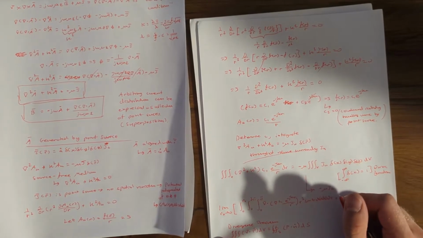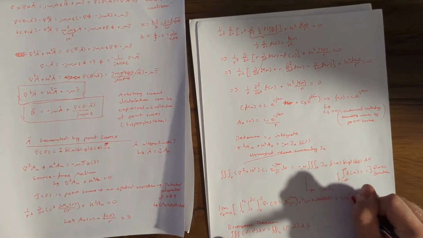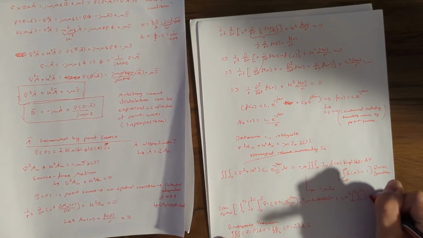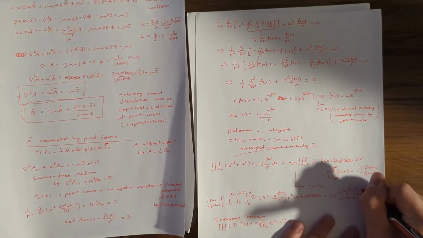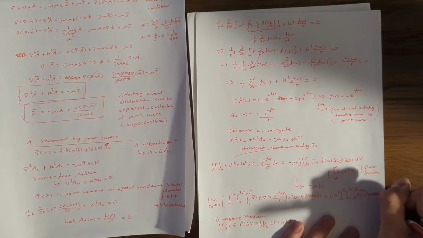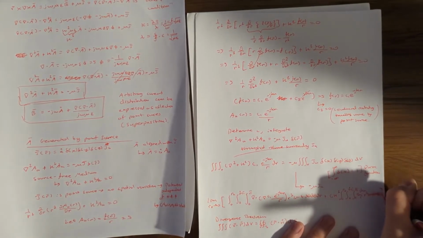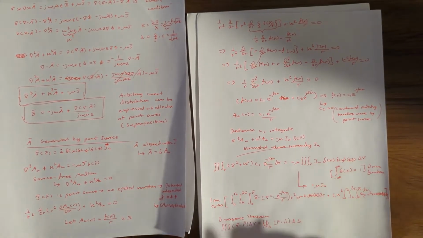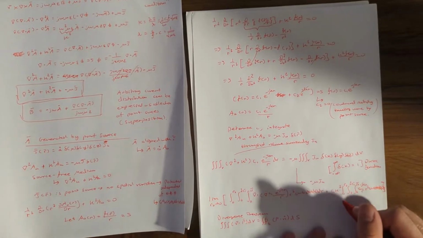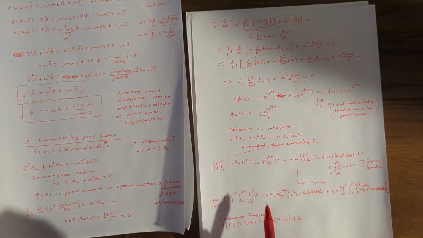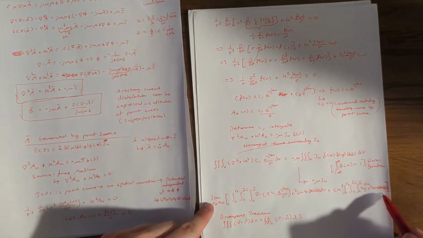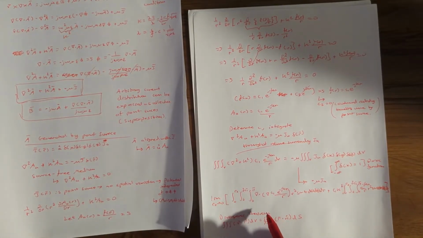Plus c1 k squared, integral from 0 to r naught, integral from 0 to 2 pi, integral from 0 to pi, e to the negative jkr over r, times r squared sine theta d theta d phi dr. And the limit is as your r vector approaches 0 for the entire thing. Now, what am I doing here? I am just basically redistributing this into two integrals right here. So that is what is happening there.